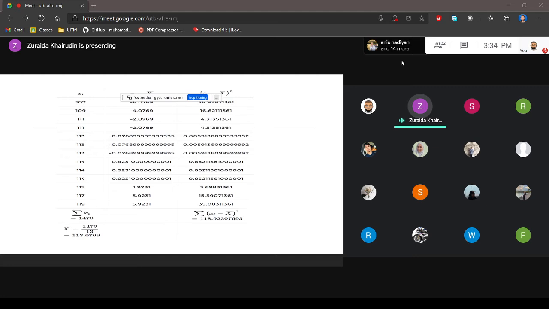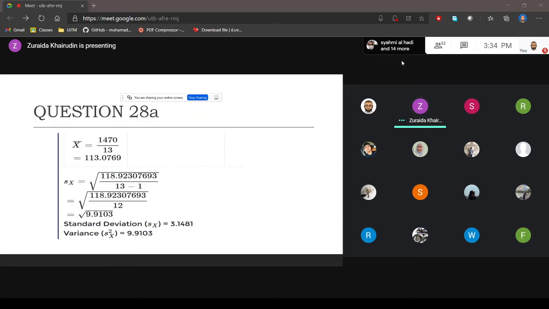I want you to check whether you got the same result. This is from the online calculator that I have calculated, 113.07. You can check, it's the same value as your final answer given in your tutorial.